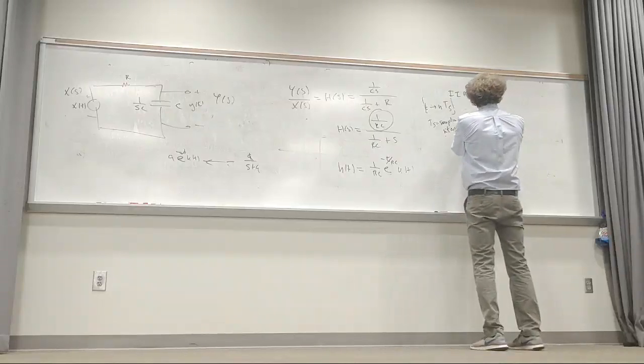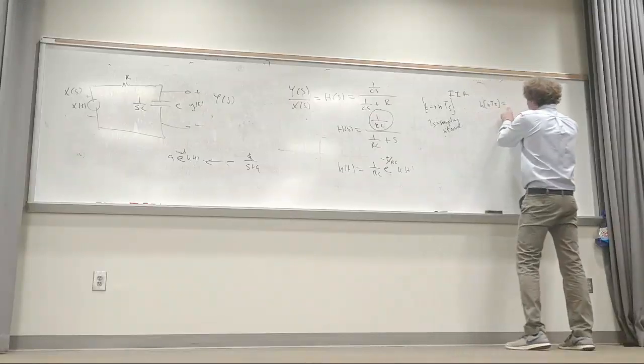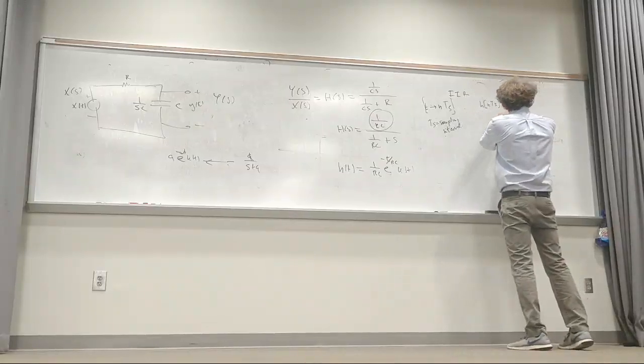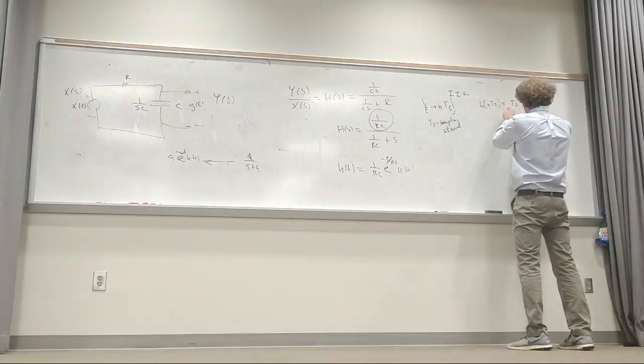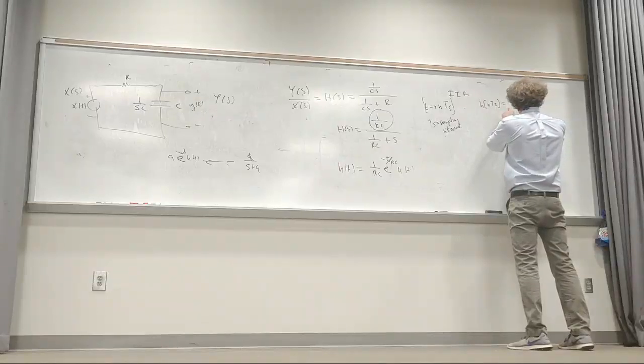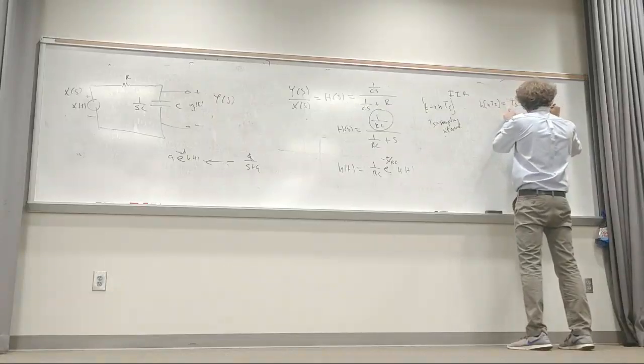Then you get your H of quantity NTS, I'll suppress the TS in a second, will become TS right here, and then it's going to be times e to the minus NTS over RC times U of N.